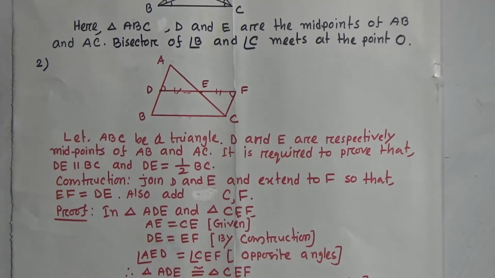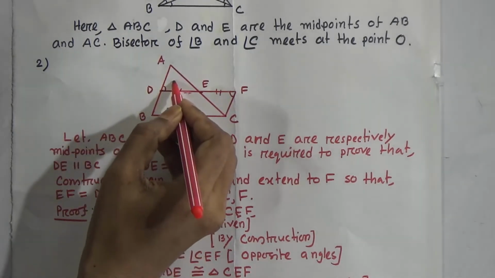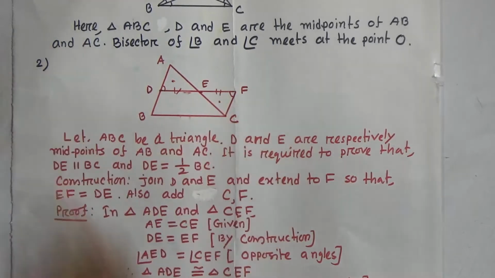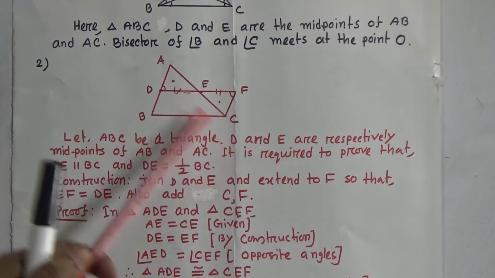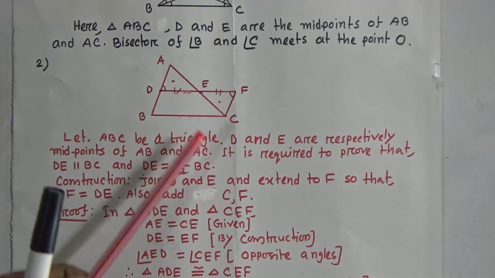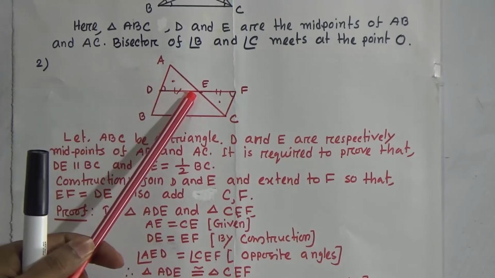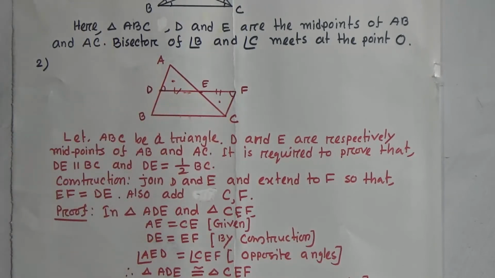I will compare these two triangles. You can say AE equals EC. Why? Because E is the midpoint of AC.